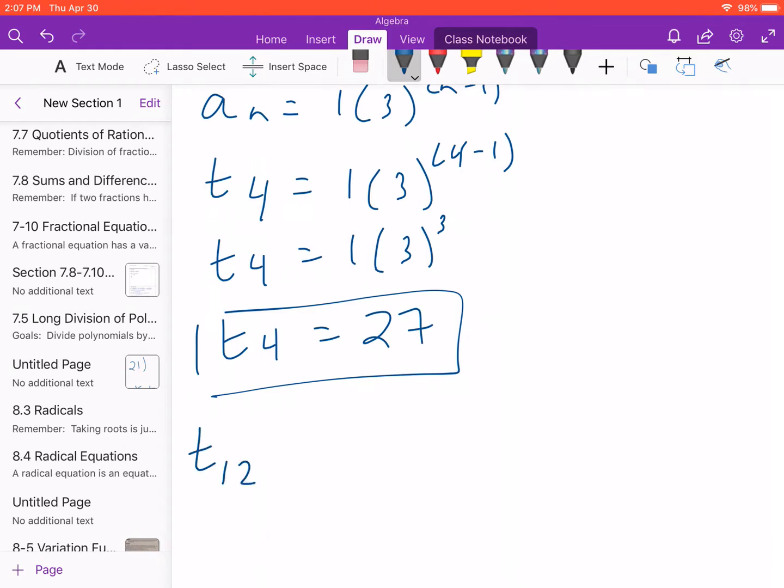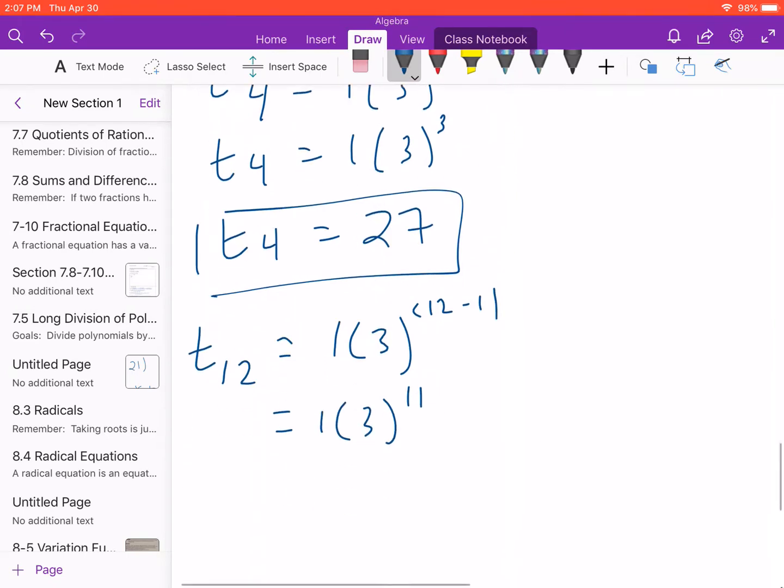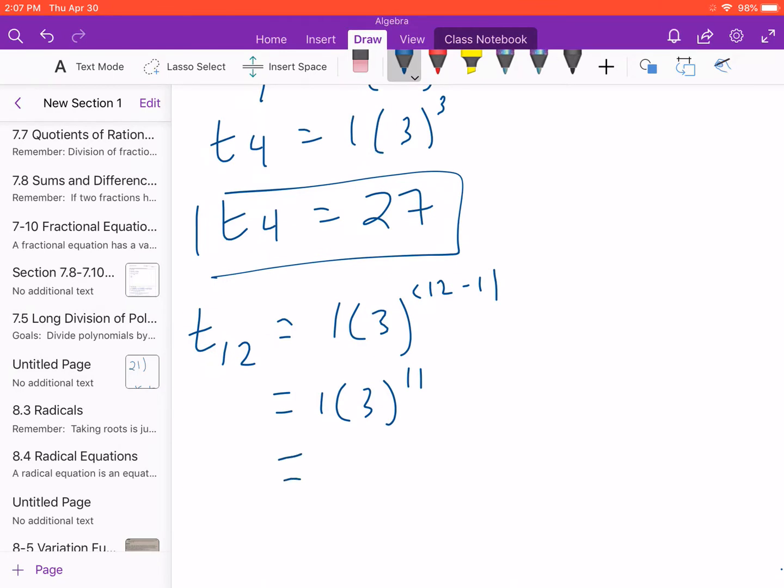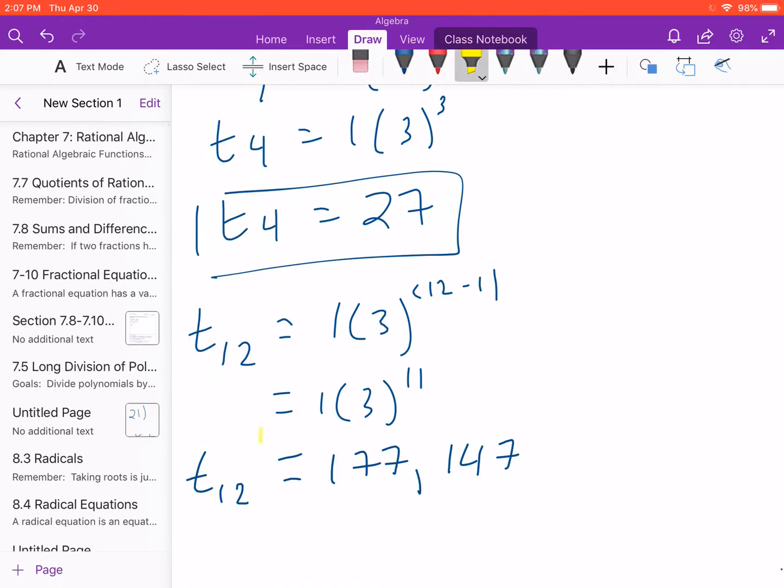So t sub 12 is equal to 1 times 3, all raised to the 12 minus 1. That becomes 1 times 3, all raised to the 11th, and you will need a calculator for this one, and that will be 177,147 is our value for t sub 12. That means the 12th number in this sequence would be that large value.